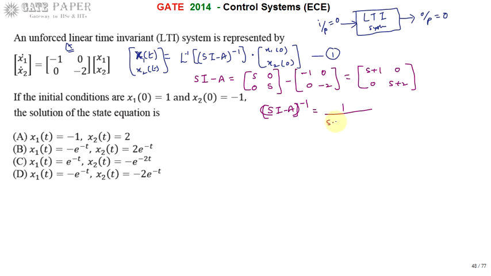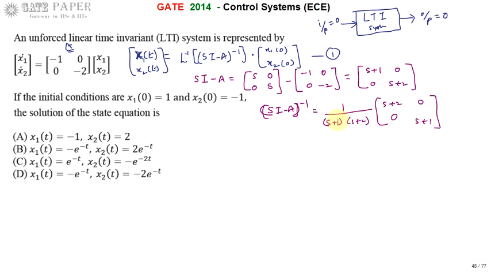So I am writing s plus 1 into s plus 2, with the elements A and D interchanged, so this is s plus 2 and this is s plus 1, and B and C get negative signs. Since they are 0, they don't have any negative values, so we write it like this. Otherwise you would write B as minus B and C as minus C.